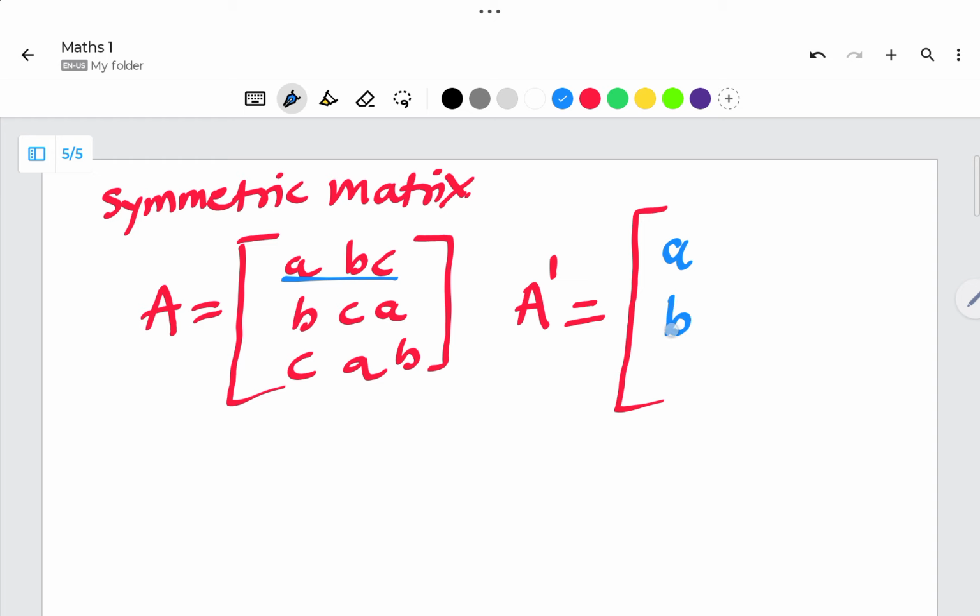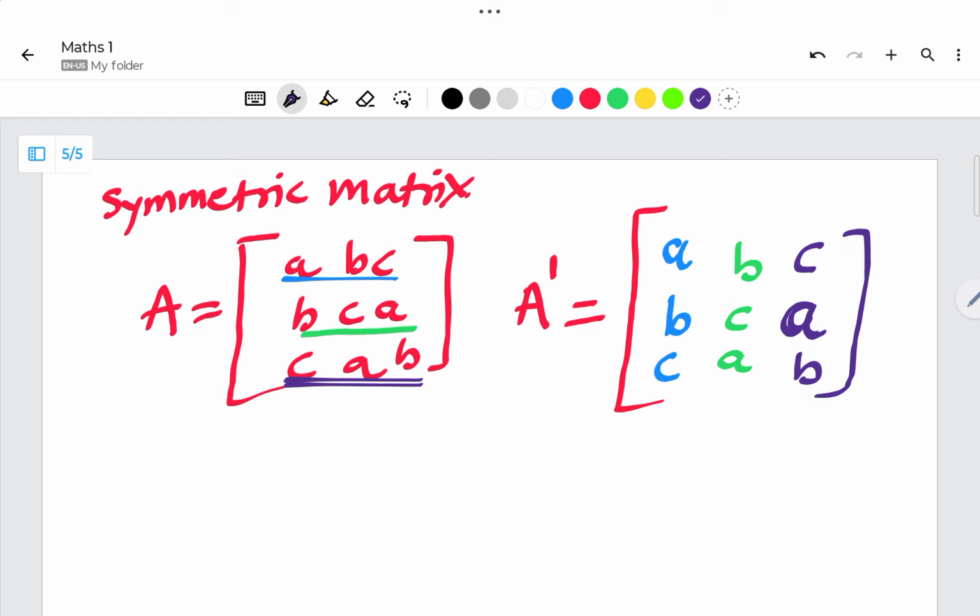A B C will come here. Next, if I change this B C A, and let me take a different color, C A B. So here I have changed rows to columns and columns to rows.